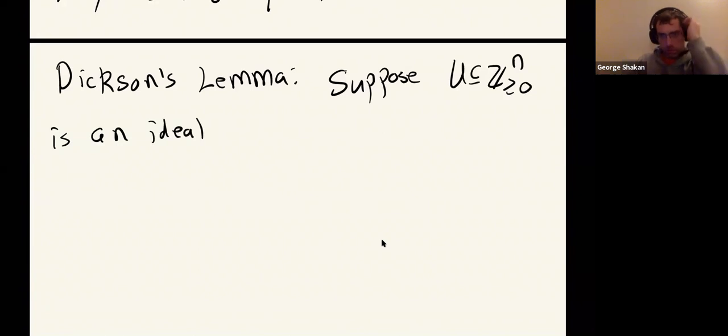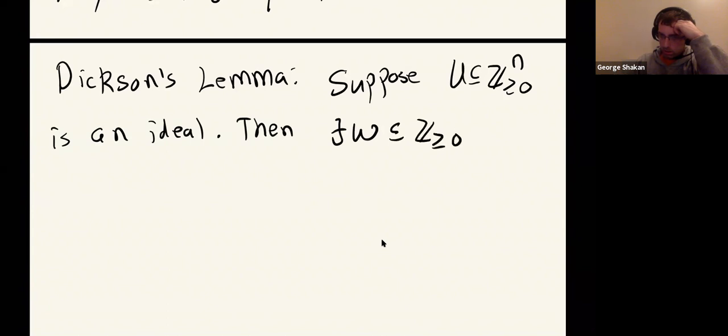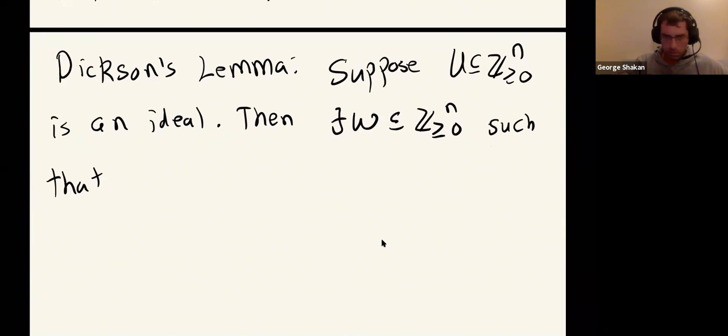It's a structure theorem for ideals. So I guess this is pretty classical. The first place I've seen this is in Cox, Little, and O'Shea's book on algebraic geometry. But it exists other places as well.